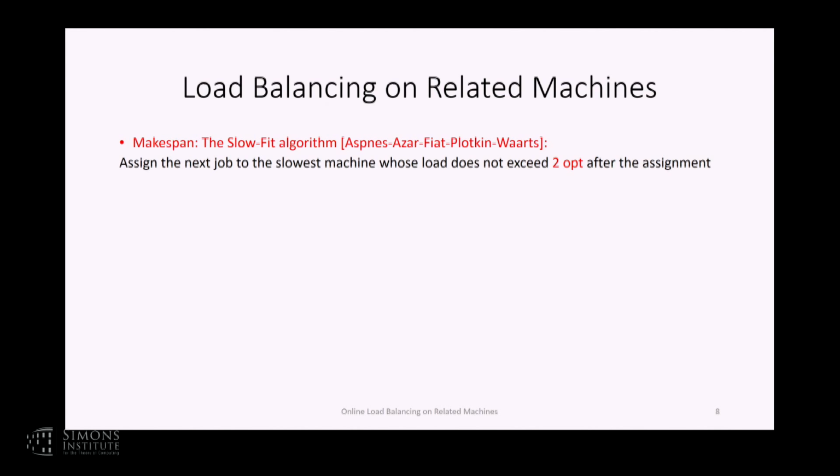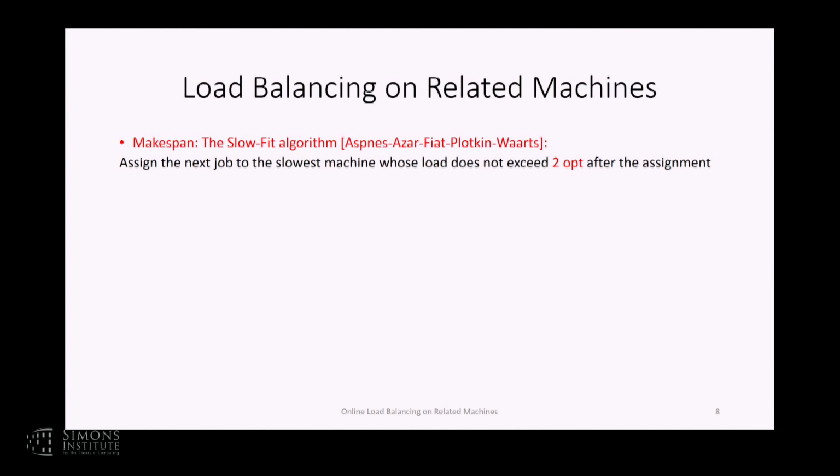Assume for now that you know the value of opt. This is without loss of generality up to some constant factor, since you can guess and double up your guesses. So you know the value of opt, and you try assigning on all the machines, and the slowest one where you can without blowing up your load too much is the one you actually assign to.